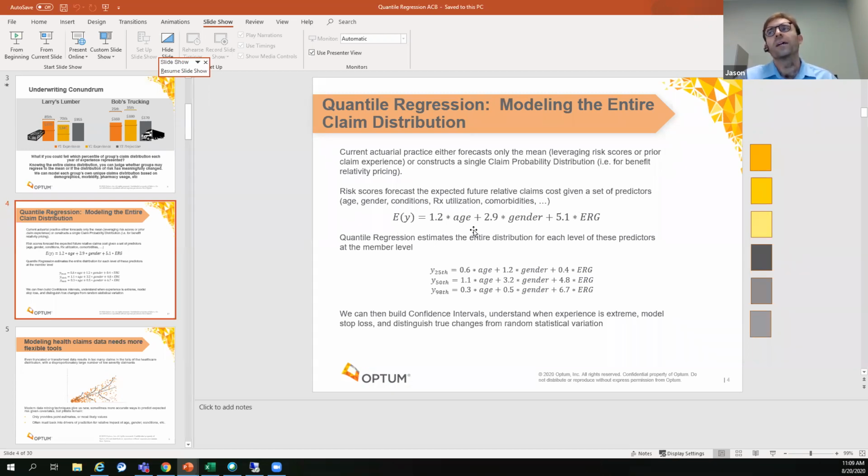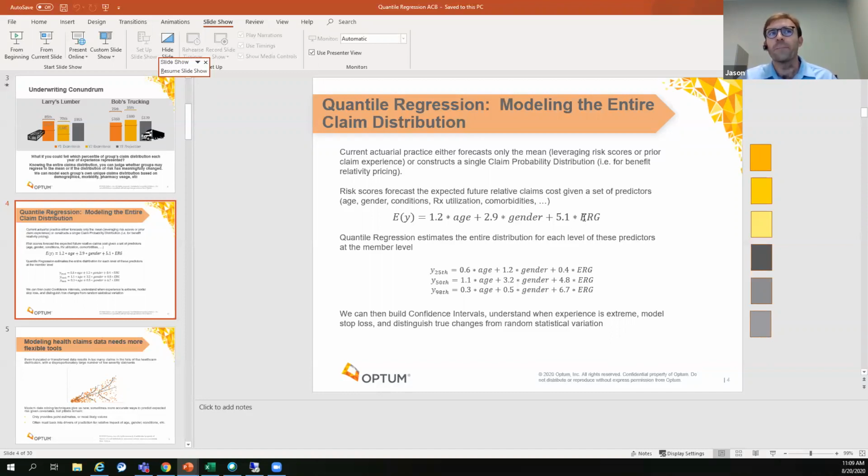So risk scores are built using regression techniques typically today. If you think about any of the main risk score vendors out there, Symmetry or Mara or anything like that, they're done by forecasting the expected value of future claims as a function of things like age and gender and your risk profile.